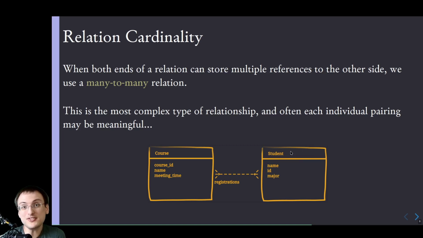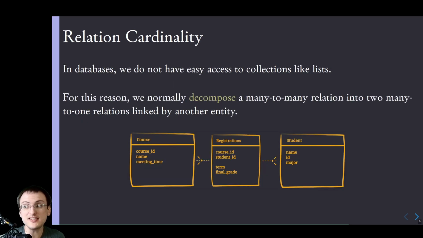Similarly, courses only run if they have a bunch of students registered, so each course might have a list of 25 students in it. Both sides here now have a list, and that's a problem, because what we just said was databases don't really like lists. We don't have good access to a collection type at all.